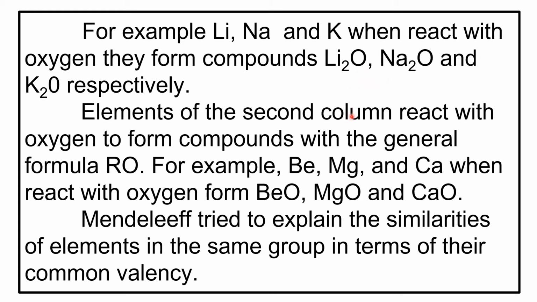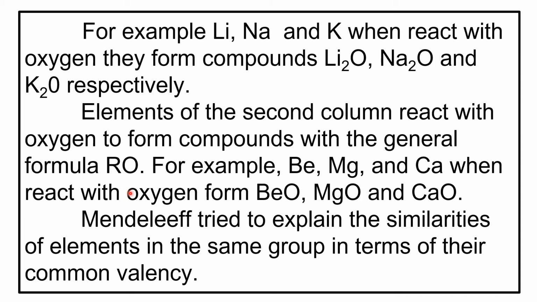In the same way, the second group elements form oxides with the general formula RO. So the elements in the second group have valency 2. So they fall under the second group, and he tried to explain the similarity by taking into account the common valency of the elements. Did you get the point?